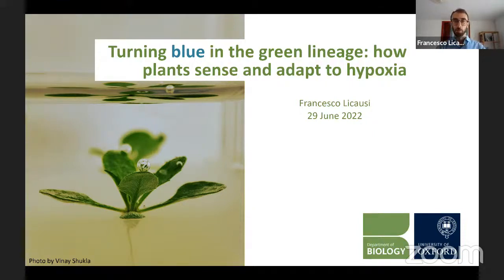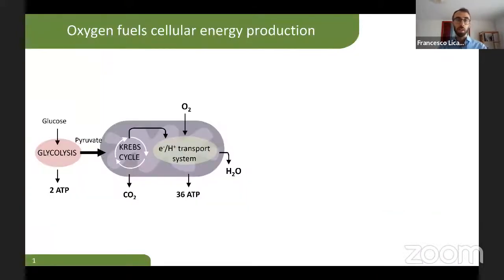So without much further ado, I would like to start this presentation by telling you what we have discovered over the years about the way plant cells sense oxygen levels and how they cope with the shortage of this molecule.